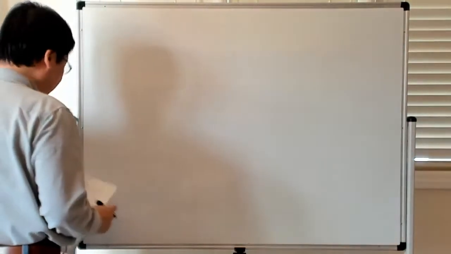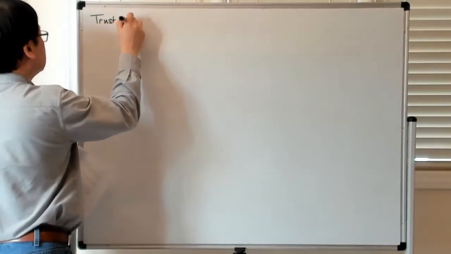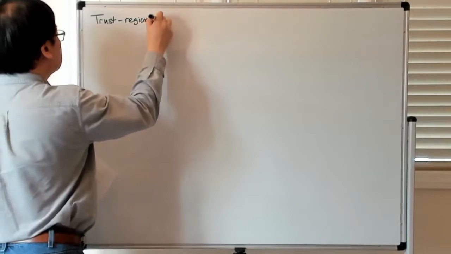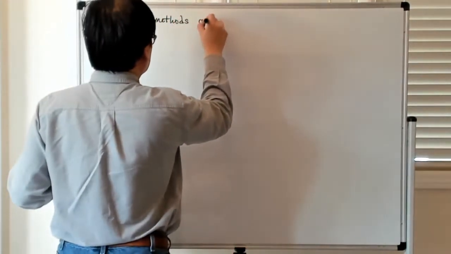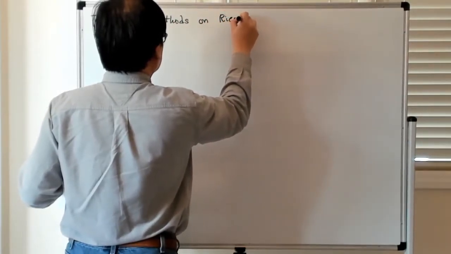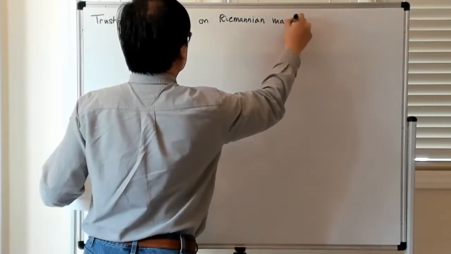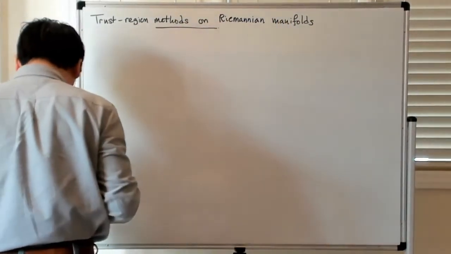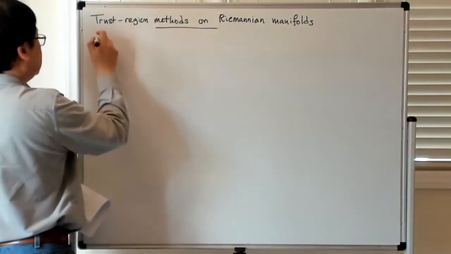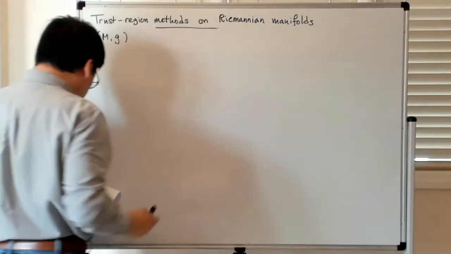All right, so now we're ready to talk about generalizing trust region methods to Riemannian manifolds. So you're given a Riemannian manifold with a metric.